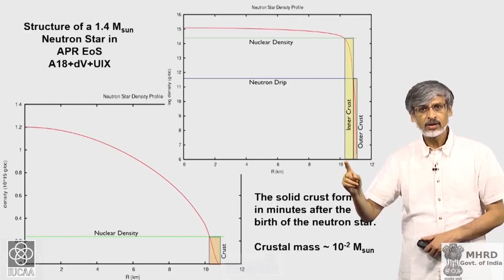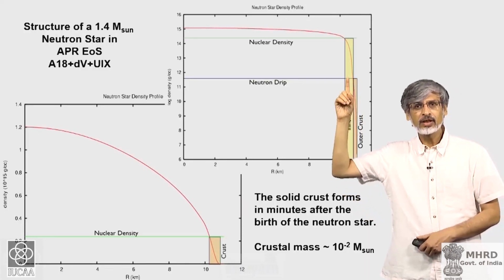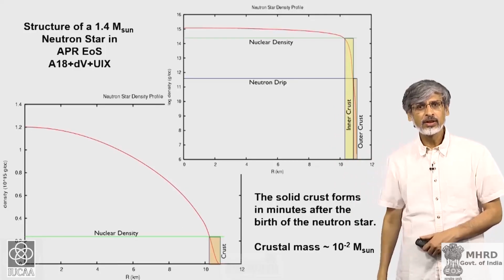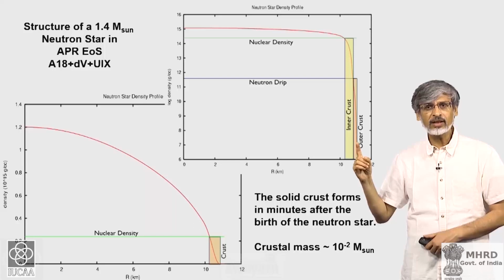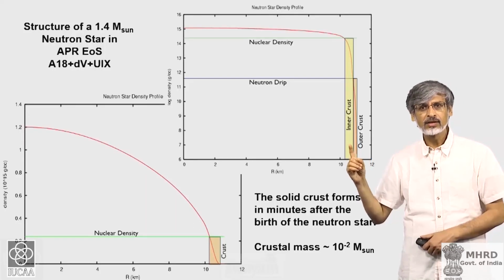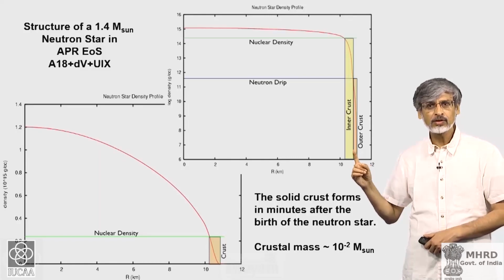So, in this yellowish shaded region, you have a mixture of both nuclei and free neutrons. So, this outer part of the crust is called the outer crust, and the part of the crust where both free neutrons and nuclei coexist is called the inner crust.